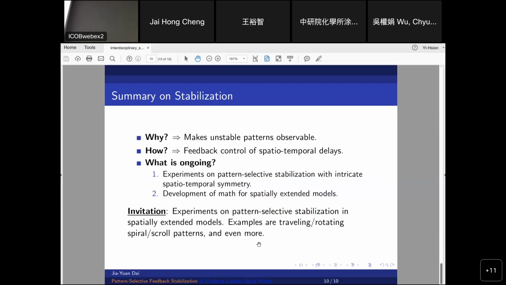And here I would like to invite, or indeed request, an open question for scientists. Experiments on pattern selective stabilization in spatially extended models are still open. And there are many important examples from such models, like traveling waves, rotating waves, spiral waves, and Turing patterns, and even more. So this is my talk. Thank you very much.